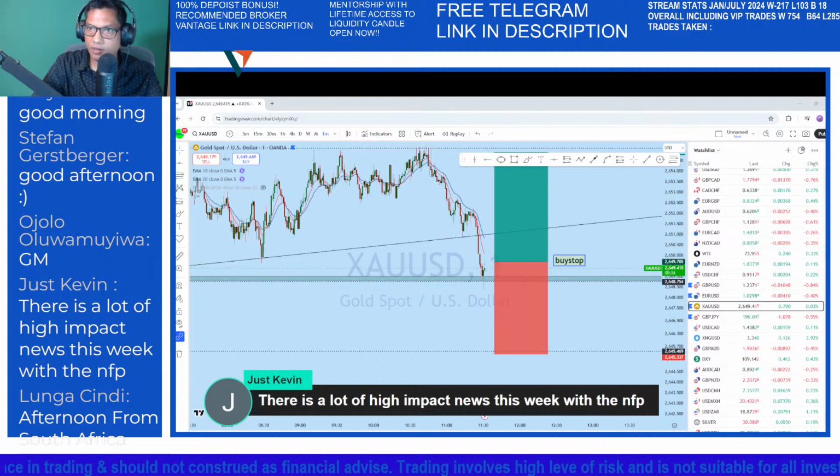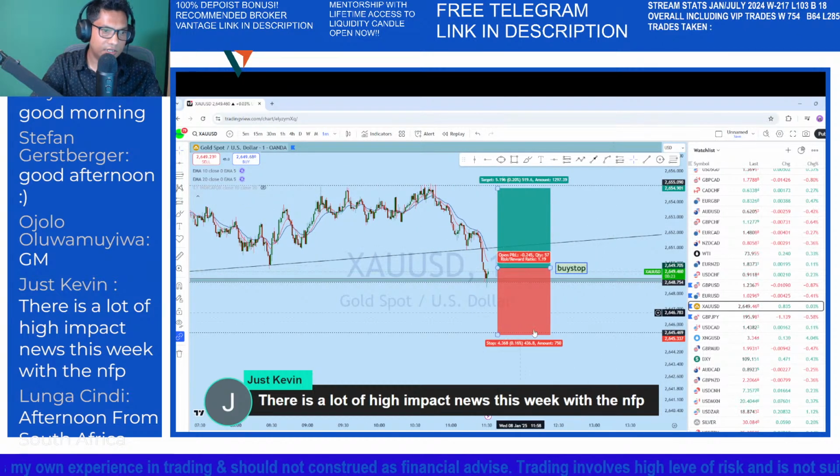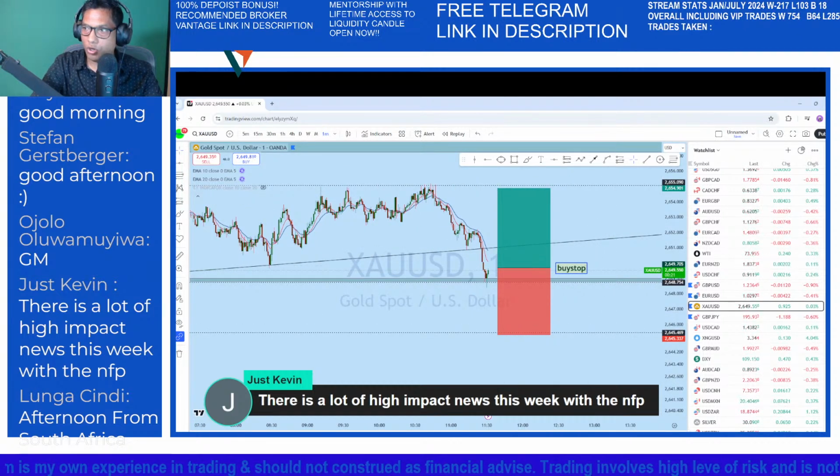So looking at XAU USD, placing a pending order. I think it's going to bounce. So either entering, it's near there. So I'm going to enter.